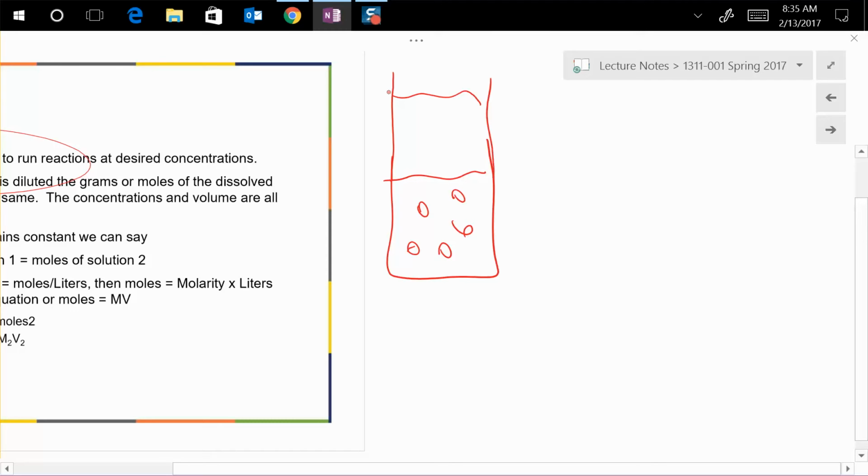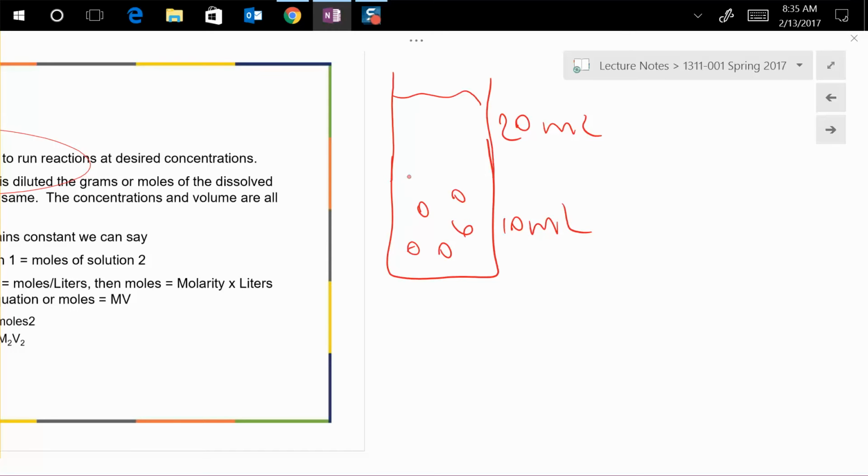Let's say I double the volume. Okay? So it was 10 milliliters, and I took it to 20 milliliters. Now, look at the number of moles. Did the number of moles change? No, the number of moles remained the same, right? It remained constant. In the solution, what changed was the volume.